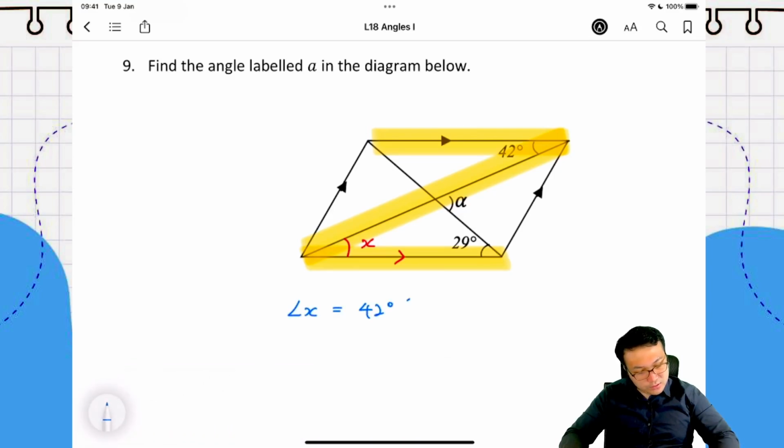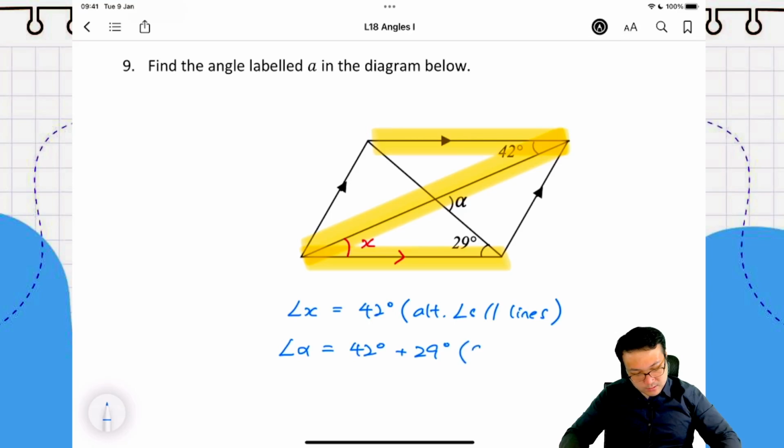What rule do you use? Alternate angles. This is called alternate angles, parallel lines. Yes, there's a letter Z. Then after that, angle alpha equals 42 plus 29. And what rule is this?